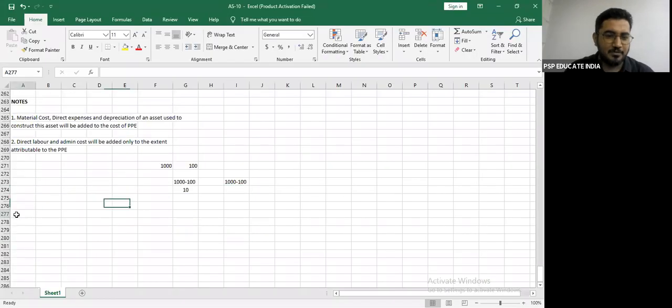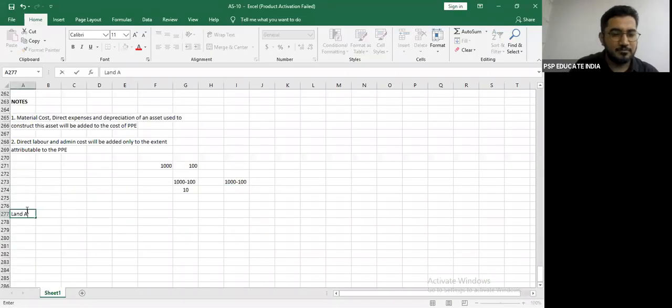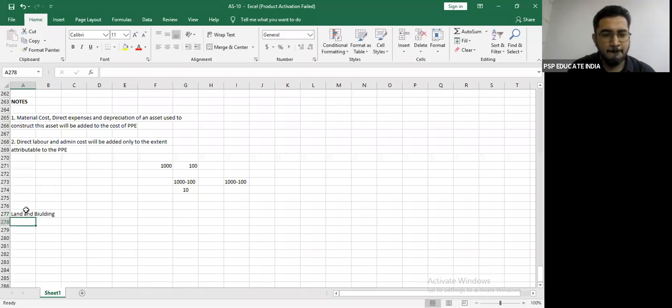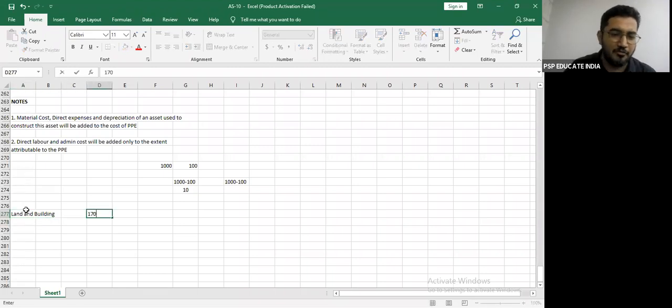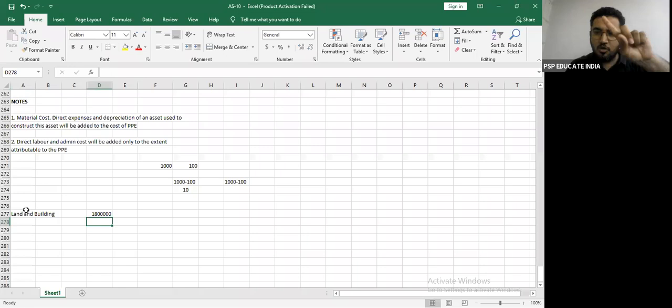Say for example, you have land and building. Till today you had the total value of land and building 18 lakhs. This was the old method. हम सिर्फ एक land and building पूरा property, plant and equipment लेते थे और पूरे 18 lakhs पे हम depreciation calculate करते.